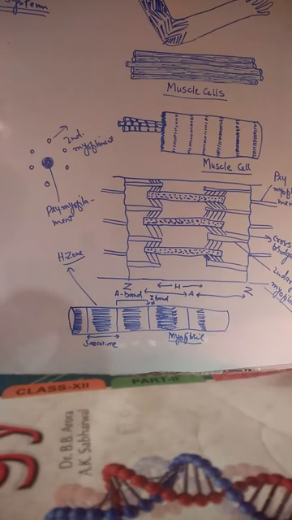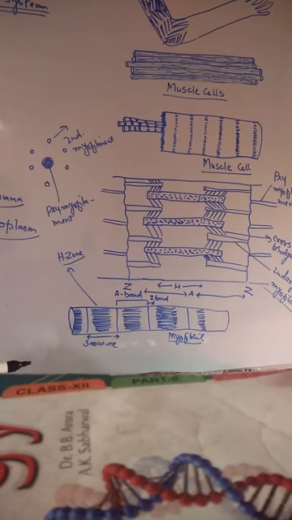These muscles are cylindrical and multinucleate, having a large number of nuclei, bounded by sarcolemma, just like the plasma lemma, and contain cytoplasm. That cytoplasm is called sarcoplasm. They also contain endoplasmic reticulum, which is called sarcoplasmic reticulum.